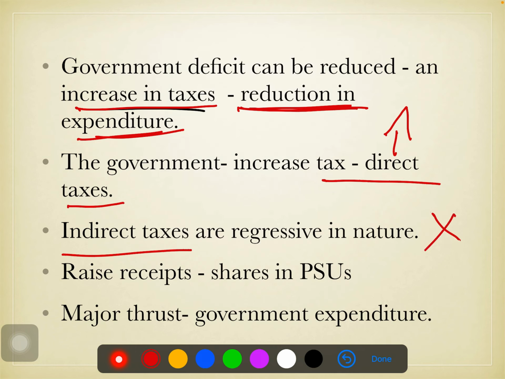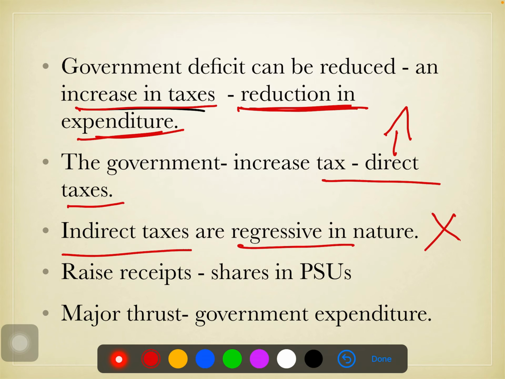I'll tell you why imposing indirect taxes is not possible, although indirect taxes have also been attempted to raise receipts. First of all, it is very regressive in nature, because it impacts all sections of people equally. But with direct taxes, if there are higher income people, we can impose more taxes and collect more income for the country.